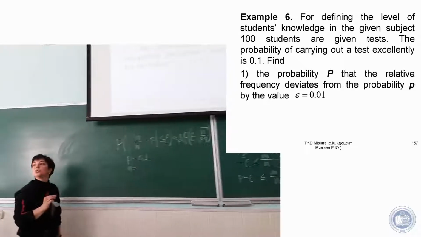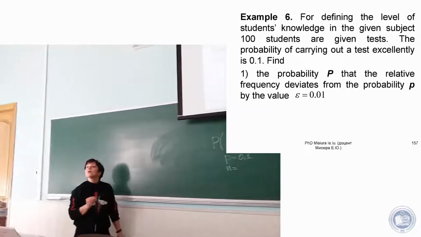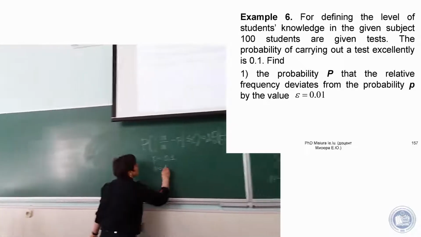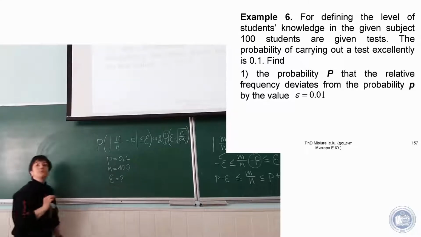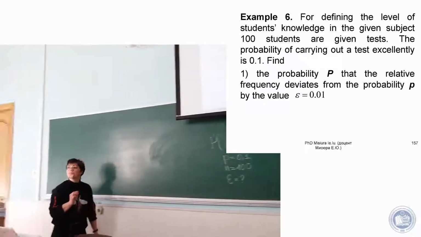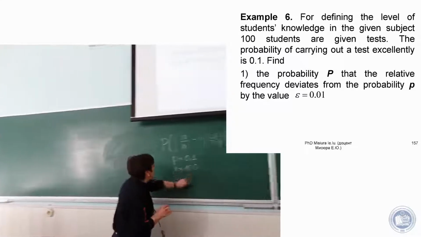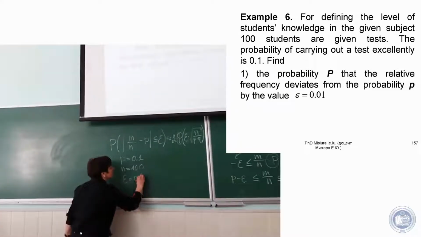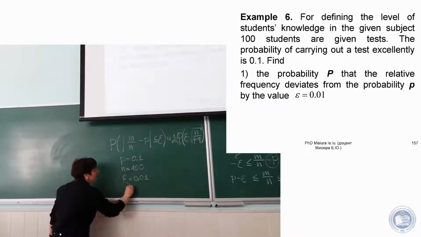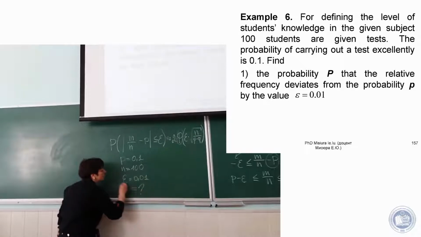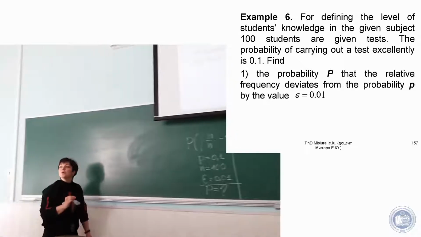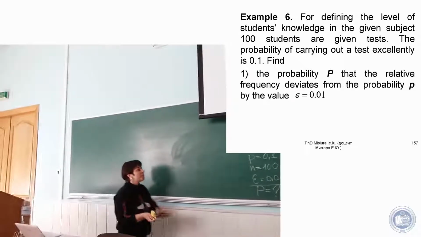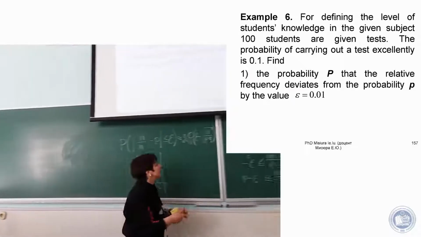How many students? 100. We have 100 students. And you know epsilon. Do you know epsilon? 0.01. It means you need to find capital P. Capital P will be unknown. We need to find the probability of this deviation. Let's substitute.